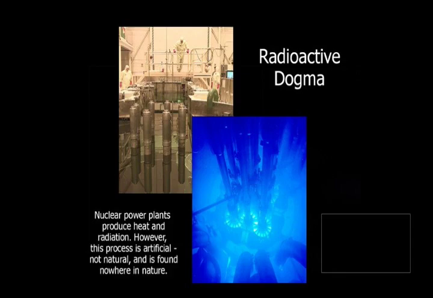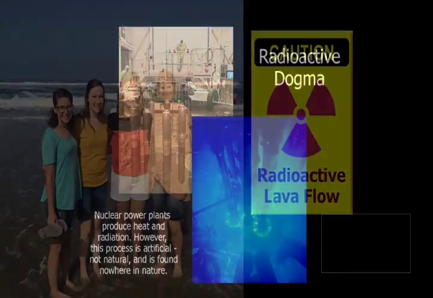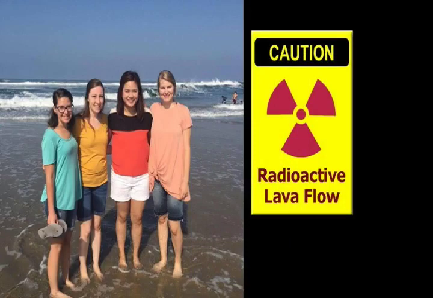But if that was true, then when we go to the beach, instead of wearing swimsuits and shorts, we'd have signs that say radioactive lava flow. You know, when you go to Hawaii, you'd have to stay away because that lava coming up and out of the center of the Earth would be radioactive. So that's not happening, so that doesn't make sense.